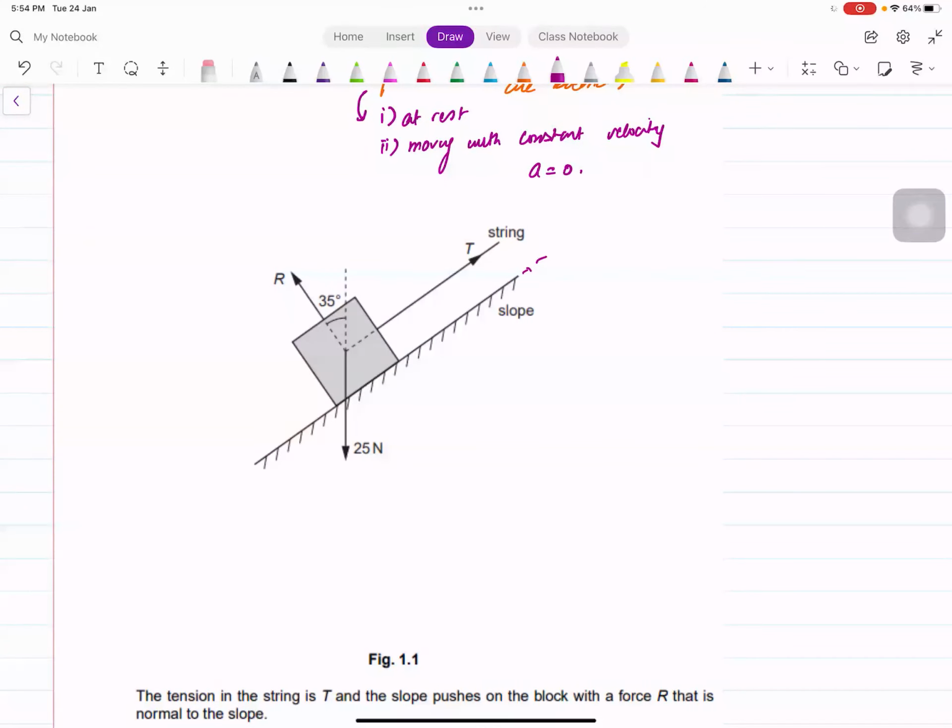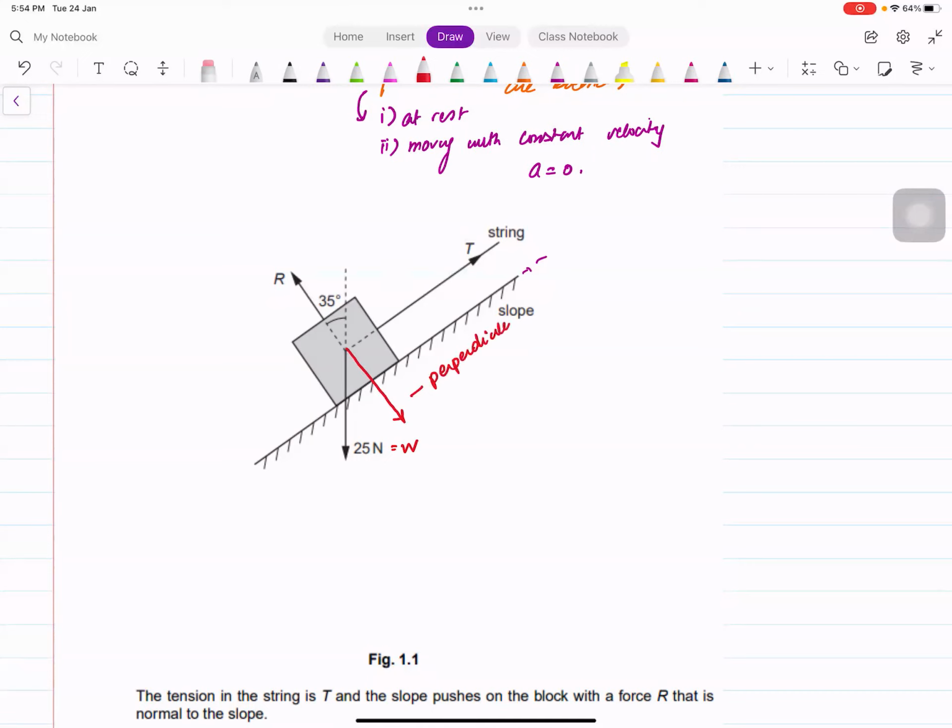So I'm going to create some components here. We can say that this weight will have two components according to this slope. One component is going to be perpendicular to the slope.